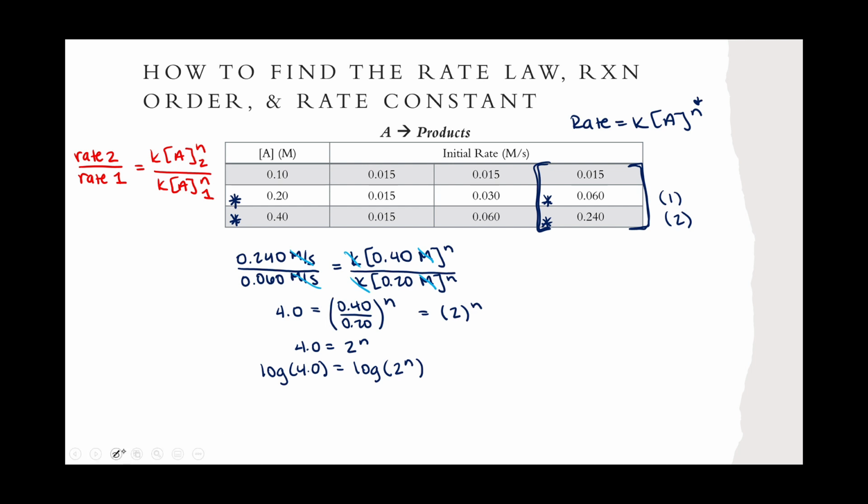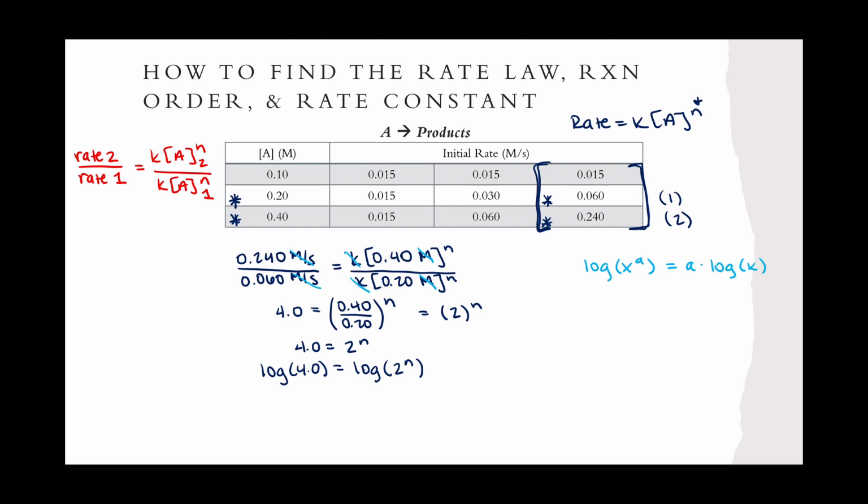And if you recall, I don't remember what math class this was in, but I think it was either an algebra class or maybe a trigonometry class. If you have a log of something, I'm just going to use a generic x to the a exponent, we can rewrite this as a times log of x. That's just a little trick.